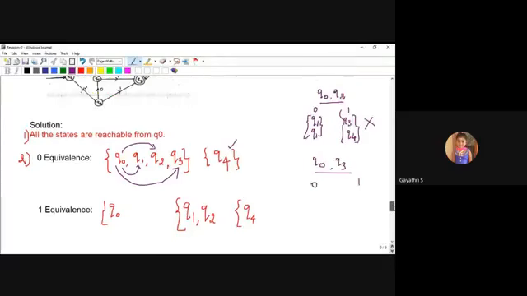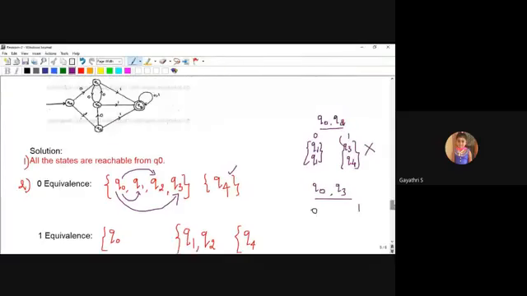Q0 on 0 goes to Q1. Q3 on 0 goes to Q2. Q0 on 1 goes to Q3. Q3 on 1 goes to Q4.